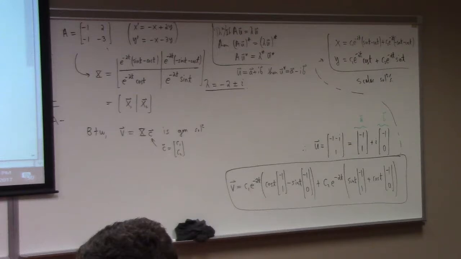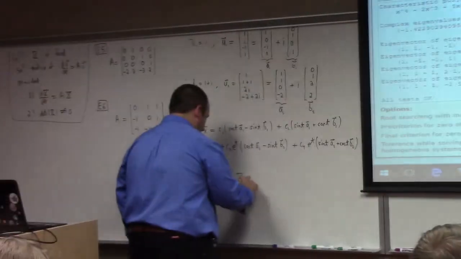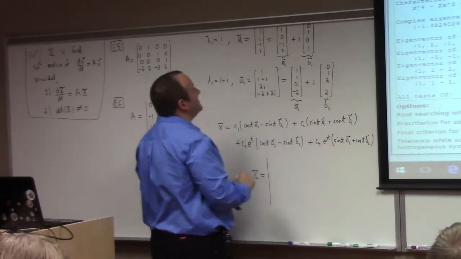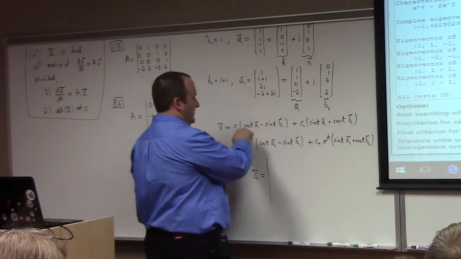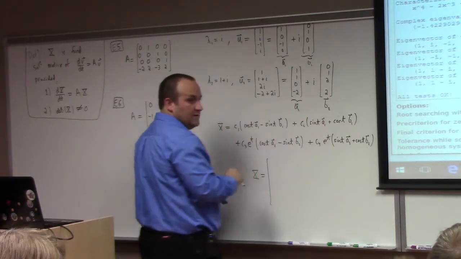So we could write down the fundamental solution matrix for example 5 as well, right? What would that be? I actually have to think through this.